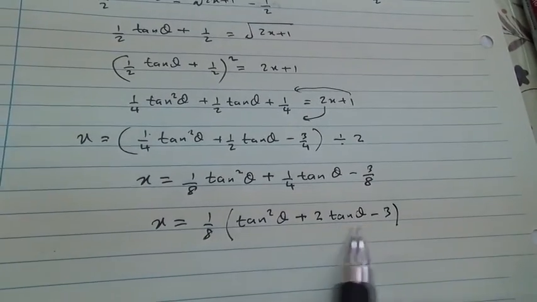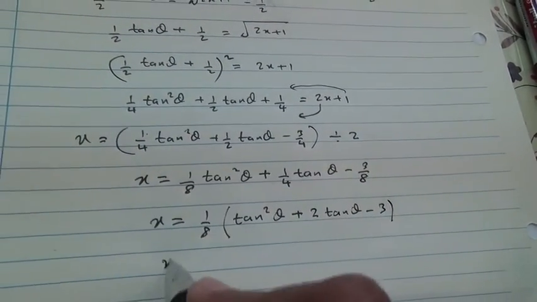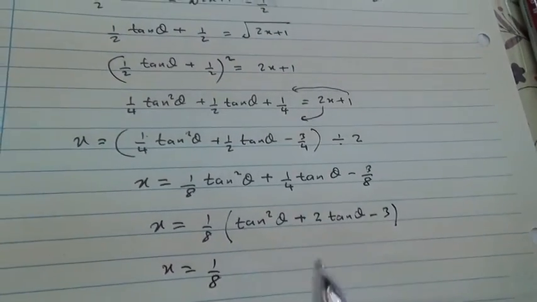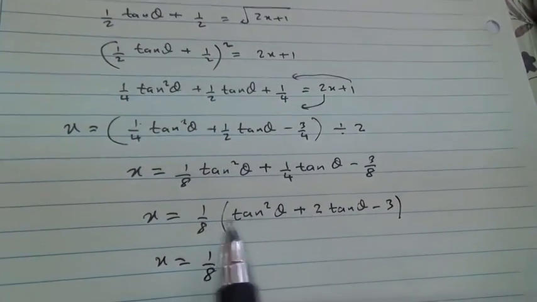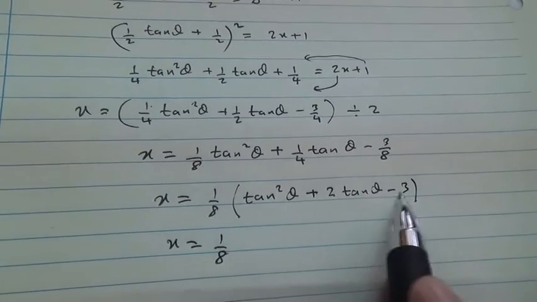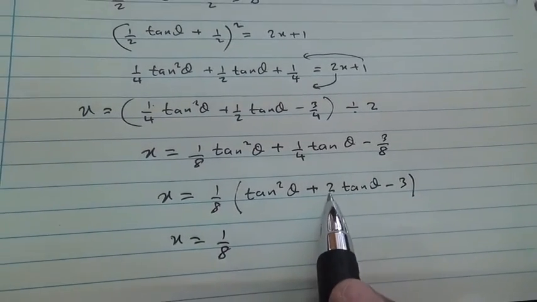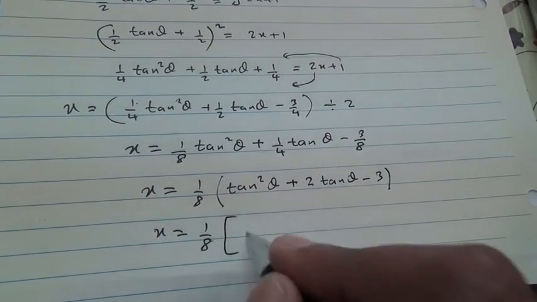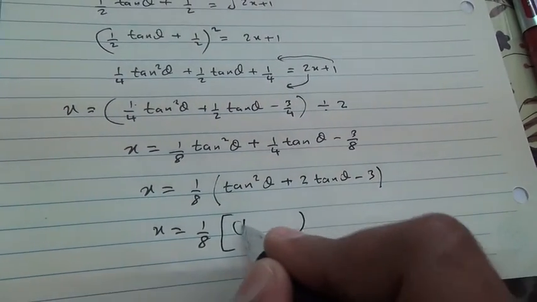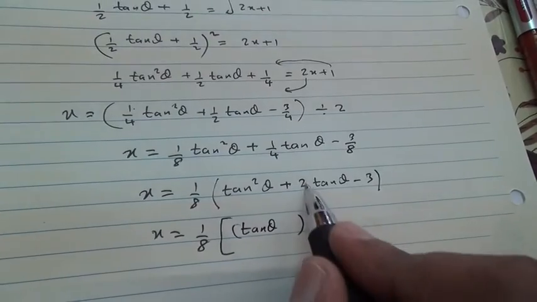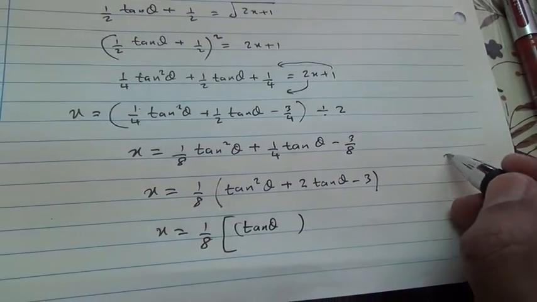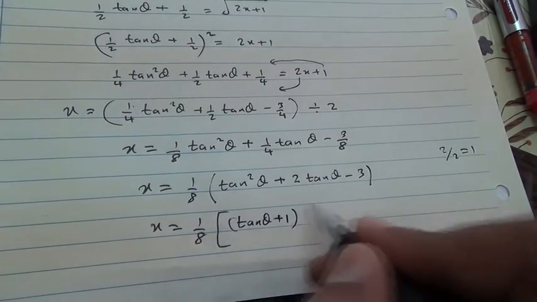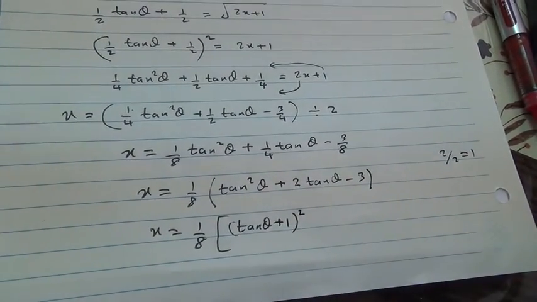Now this is a quadratic expression, so you have x is equal to 1/8. If you put that in the form of completing the square, you're going to say tan theta, you open a bracket, you say tan theta, 2 divided by 2 is 1, so you're going to say plus 1, then you square.